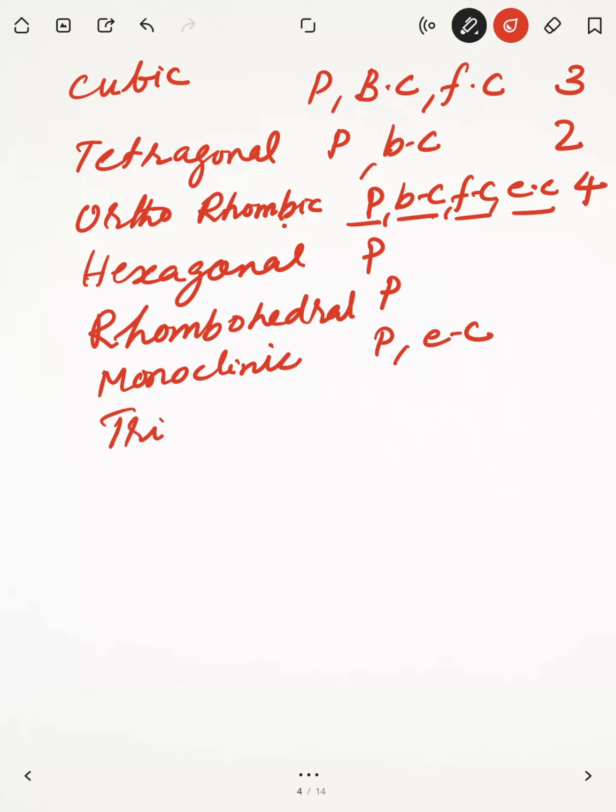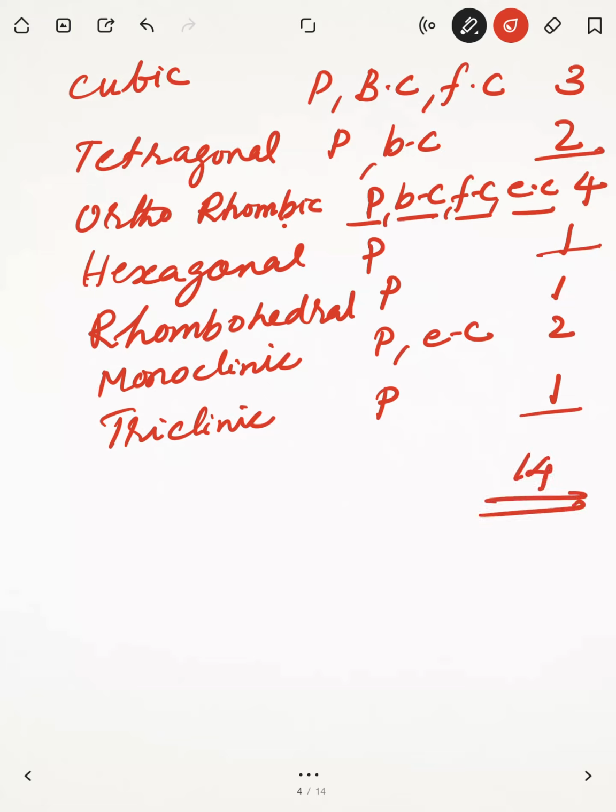In triclinic, only primitive. So here 1, here 1, here 2, here 1. So here 5, then 10, then 14. All together 14 variations are there in these 7 crystal systems.